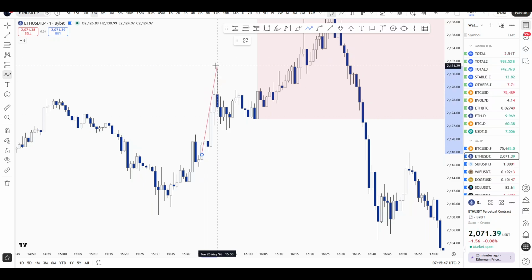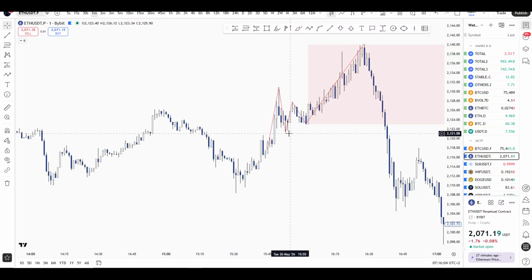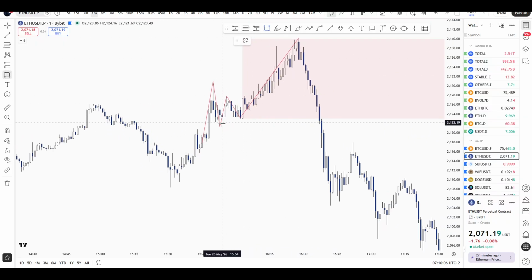But we have our high, low, well, this is internal structure, but this is, yeah, okay.